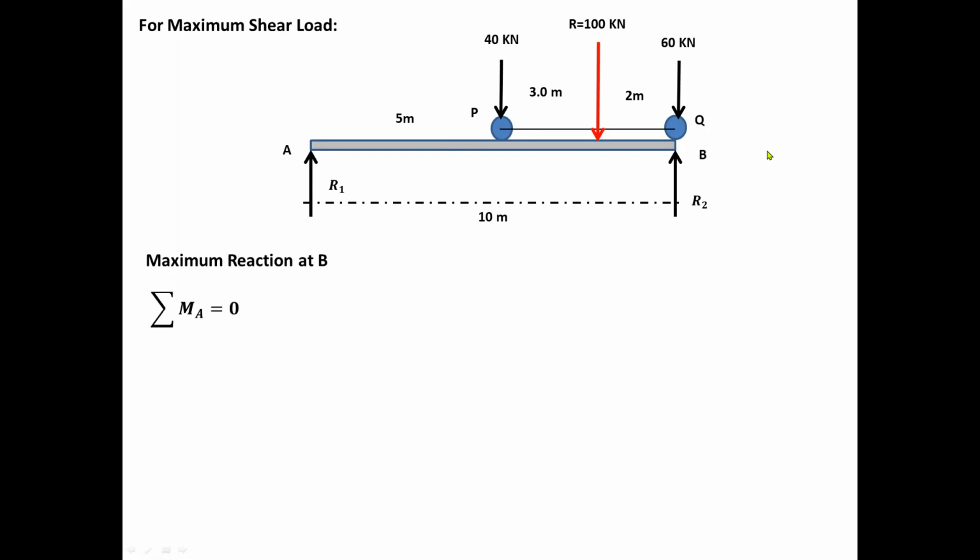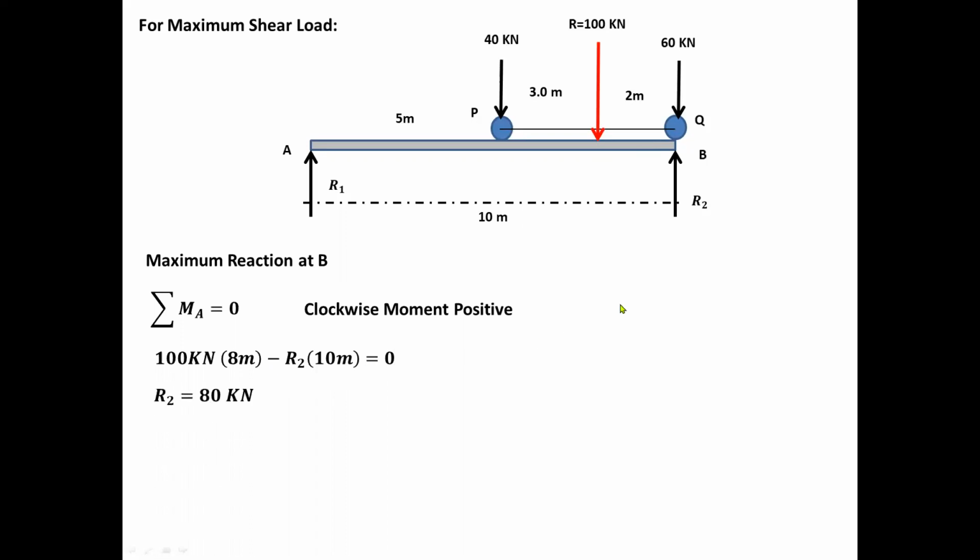Summation moment at A is equal to 0 again. Clockwise moment positive. 100 kilonewton times 8 meters, kasi ang layo ng ating resultant is 8 meters from point A. And then ang ating R sub 2 naman is 10 meters. Counterclockwise ang movement kaya negative ang sign ng ating R sub 2.